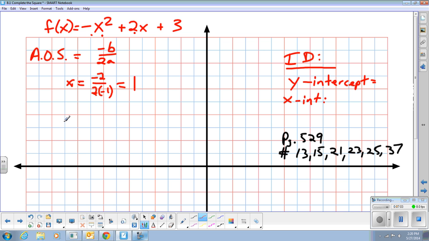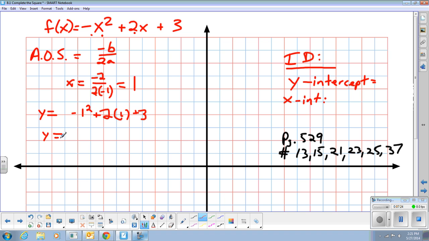How do I calculate that? Now I've got to calculate the y for my vertex. So y equals the opposite of 1 squared plus 2 times 1 plus 3. So now I'll do my calculating.